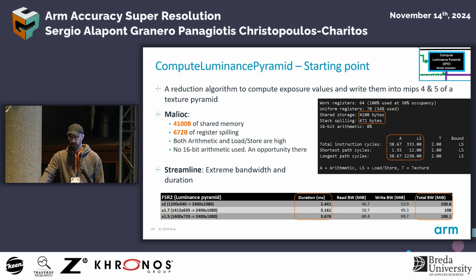By looking at the Mali Offline Compiler, we can spot a few things. Shared memory is quite high. A note here, Mali doesn't have a dedicated fast on-chip memory for group shared storage, so this will result in additional bandwidth and load store overhead.